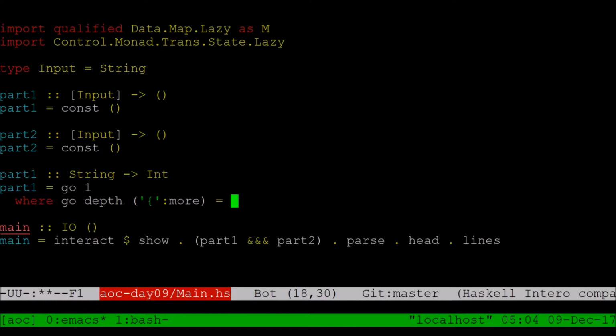So if we parse a left angle bracket or left curly, we should increase the depth by 1.